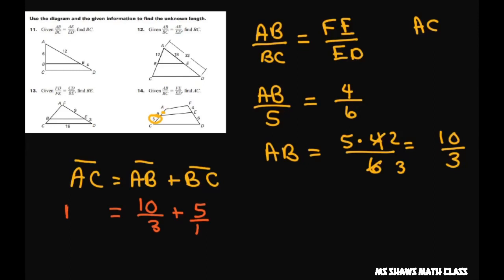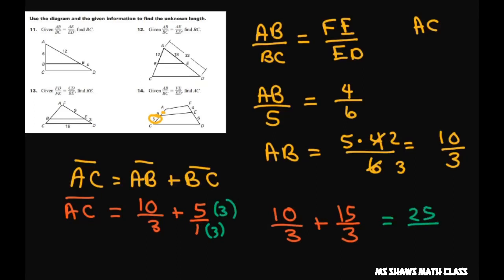So that equals AC. So we need the common denominator of 3, so that's going to be 10 divided by 3. We need a 3, so that's going to be 15. All I did was multiply these both by 3. And that gives you 25 divided by 3.